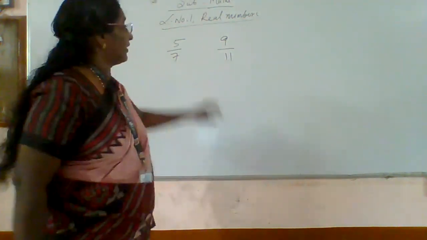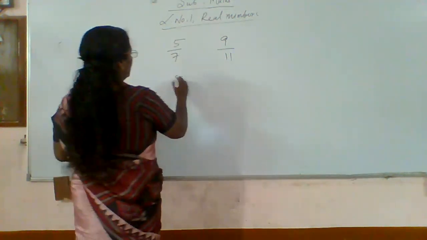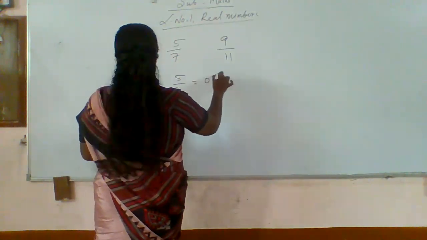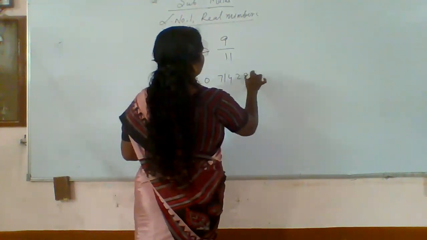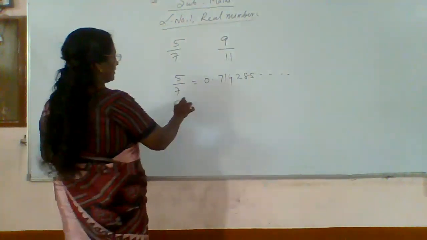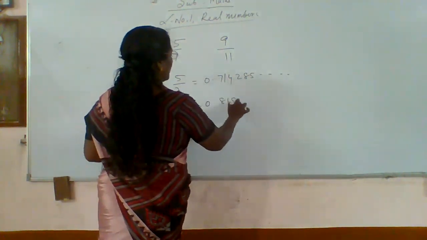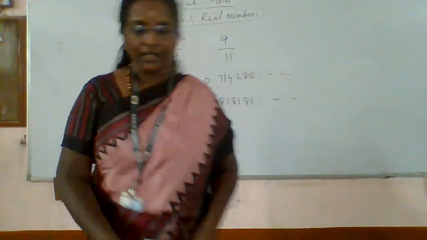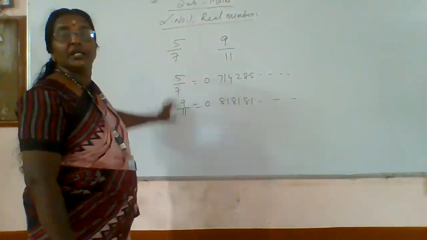For that, what will you find out first? First, divide 5 by 7 and find the decimal form. 5 by 7 is equal to 0.714285, etc., and 9 by 11 is equal to 0.818181, etc. These are the decimal forms of the rational numbers.